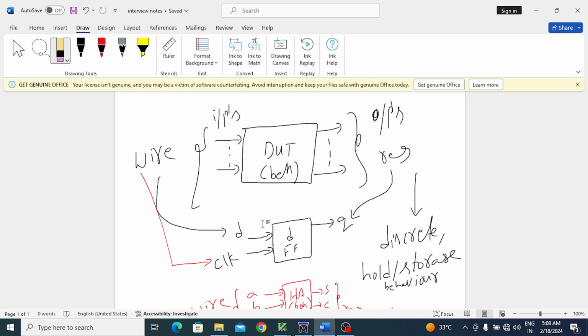One more thing, in behavioral styles, for output ports you may not see reg. Suppose I am using some temporary variable on the left hand side of a statement in a procedural block, then I will write reg for that variable.